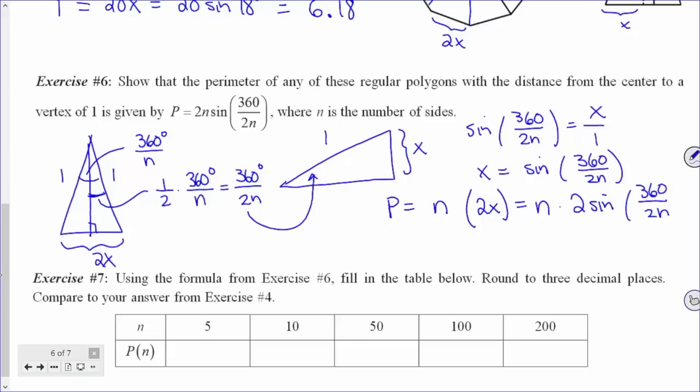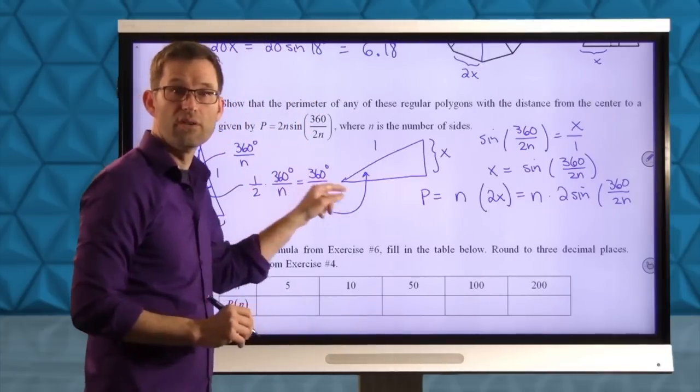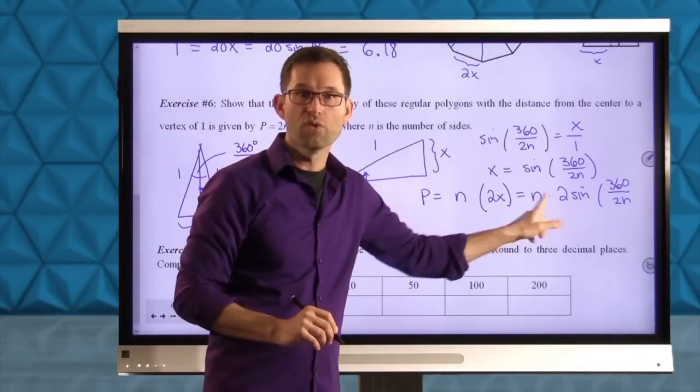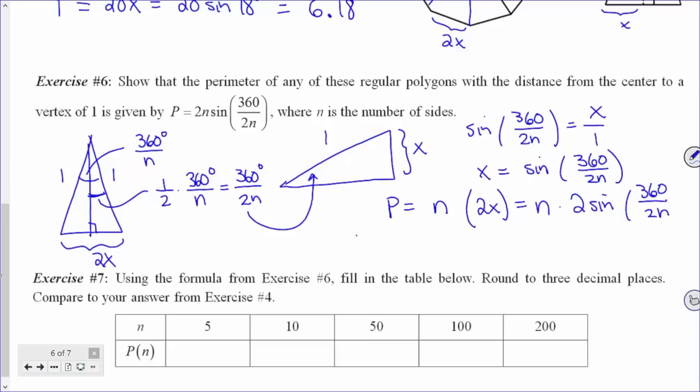And just to make it look like what we were looking for, I'll flip this multiplication, n times 2, and make it 2 times n. And we find that the perimeter is 2 times n times the sine of 360 divided by 2n.